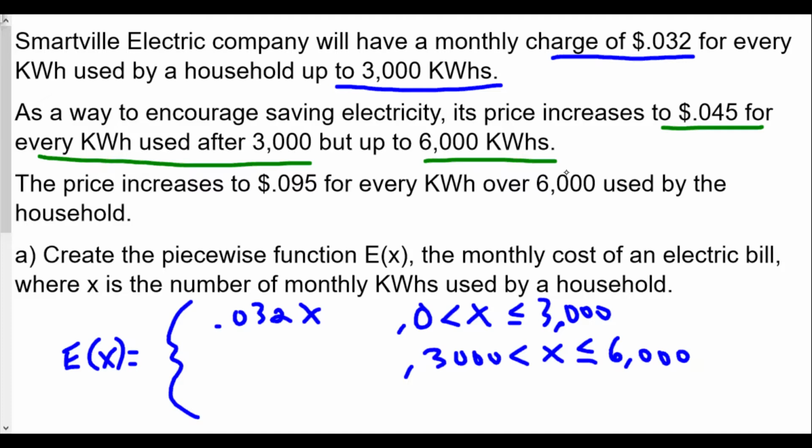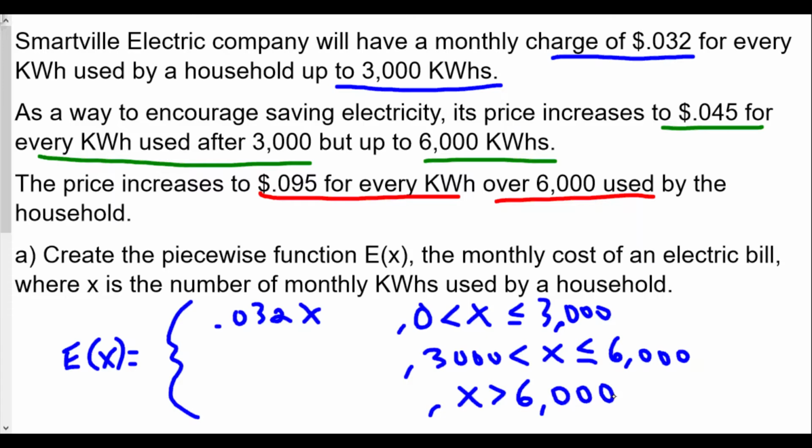Now the last tier is 0.095 for every kilowatt hour over 6,000. So our domain for this will be x is greater than 6,000.